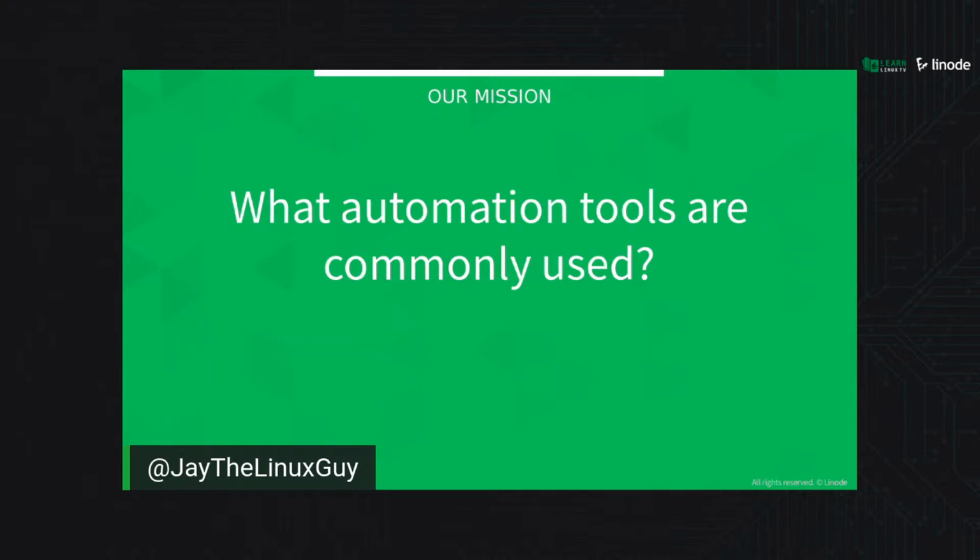Now, what automation tools are commonly used? There's going to be a bunch, but I think one of the most common is going to be Ansible. We're not going to get to Ansible in this particular session, but it is something that I wanted to mention, and I'll let you know in just a moment where that fits in. Ansible is pretty much the latest craze when it comes to automation.